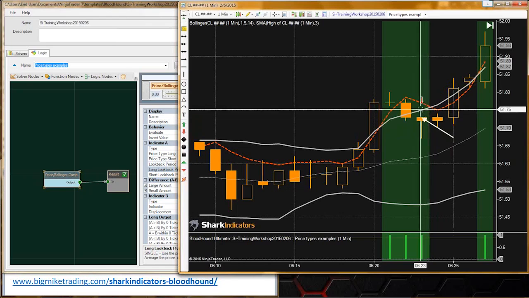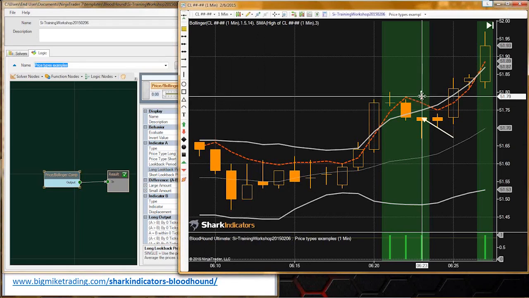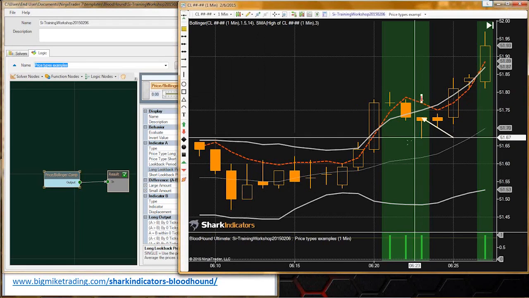Our bar is completely inside the bands, right? But the way we have our price data set up, since it's averaging, the average of the high prices is still above the upper band, and that's why we're getting a long signal on this one bar here.